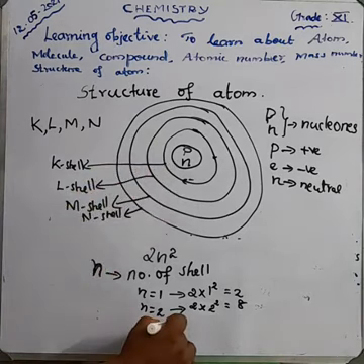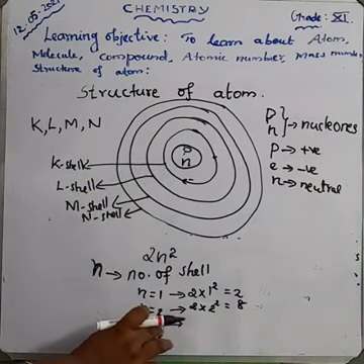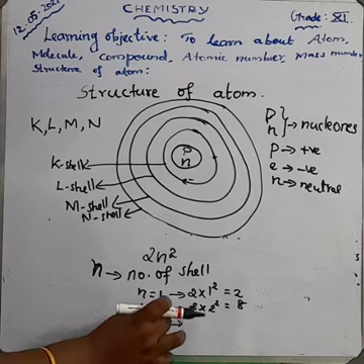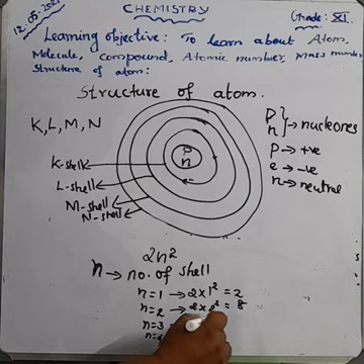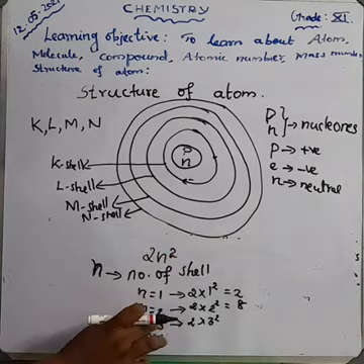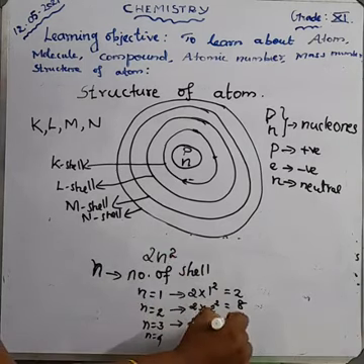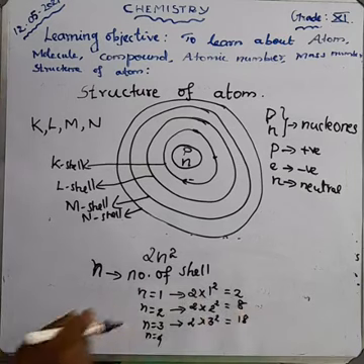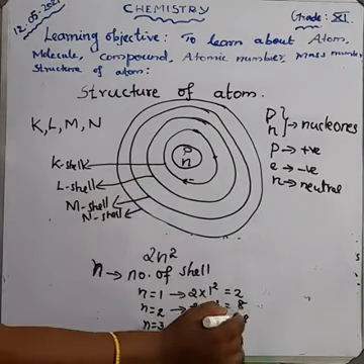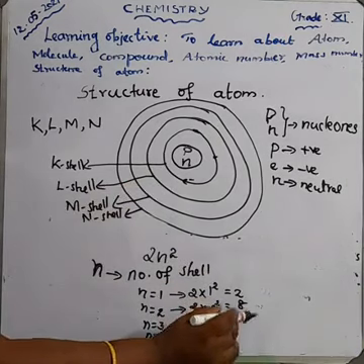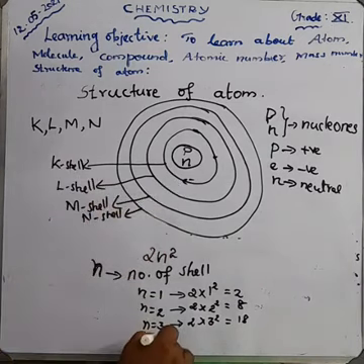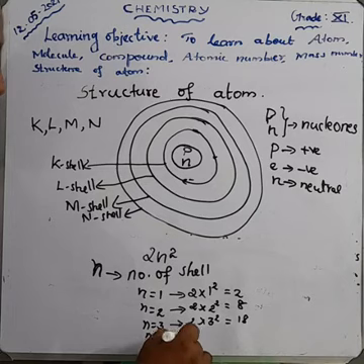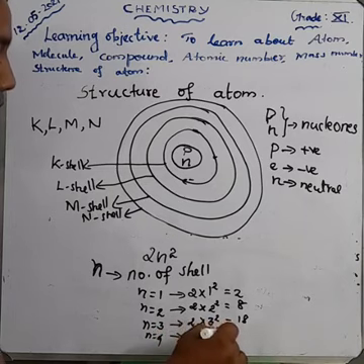The third orbit means n is equal to 3, so 2 into 3 square, which is 18. So in the third orbit we can occupy only 18 electrons. And the fourth, n is equal to 4, means 2 into 4 square, so 32.